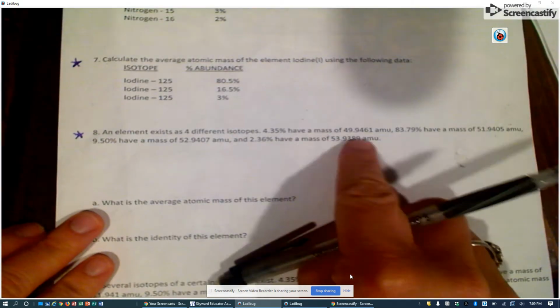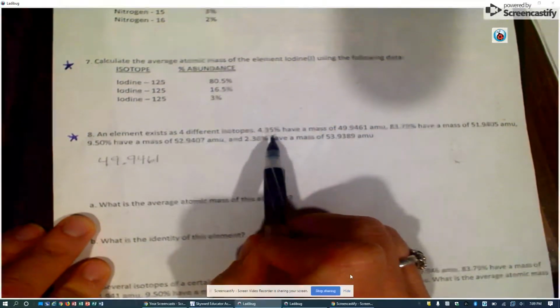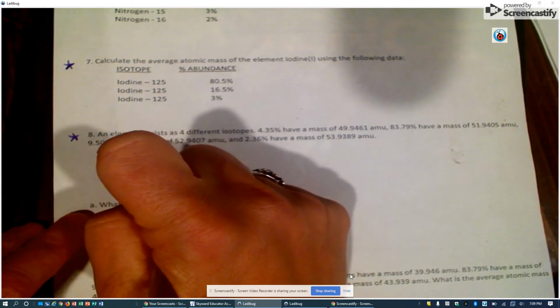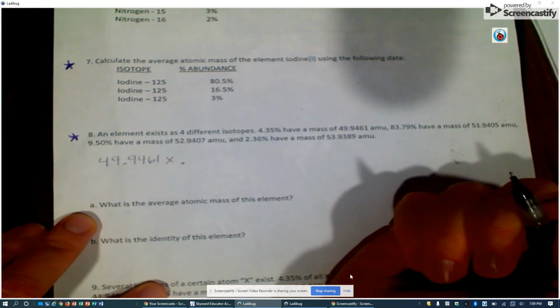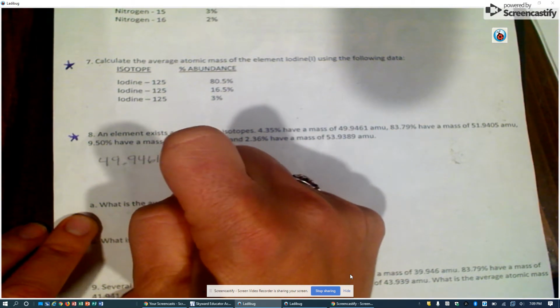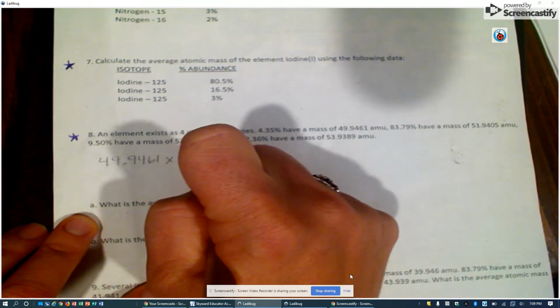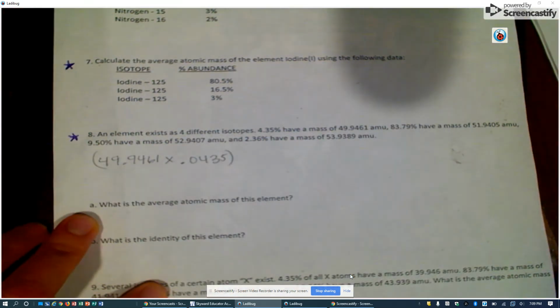So it looks like we have a mass of 49.9461. And we find it at 4.35%. So again, I'm going to take it times, I move the decimal twice to the left, 0.435. And I would find what that was.